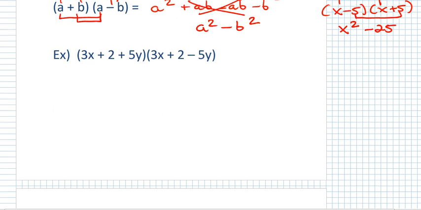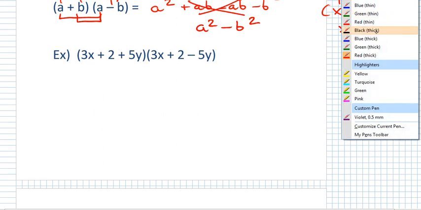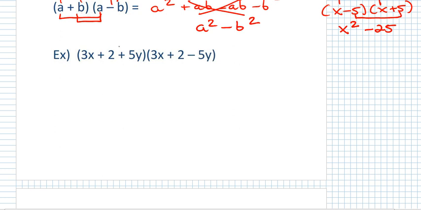Now something like this, where it's more complex, here's what you want to do. You want to put parentheses around the 3x plus 2. And now notice you have the difference of two squares because you have 3x plus 2 plus 5y and 3x plus 2 minus 5y.